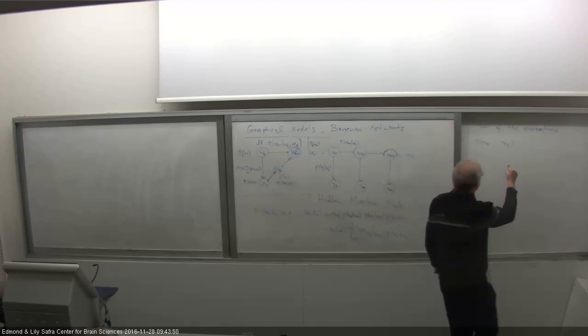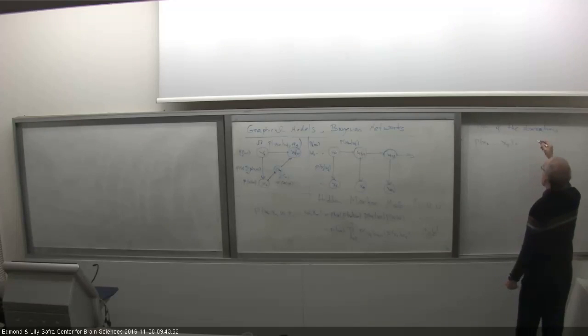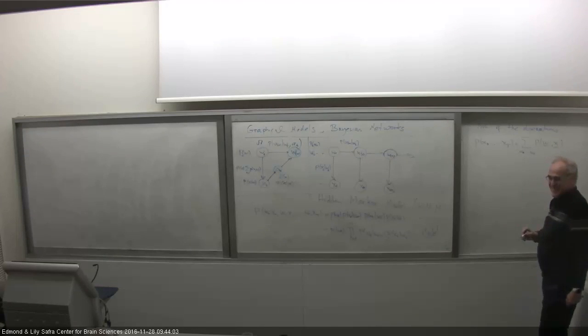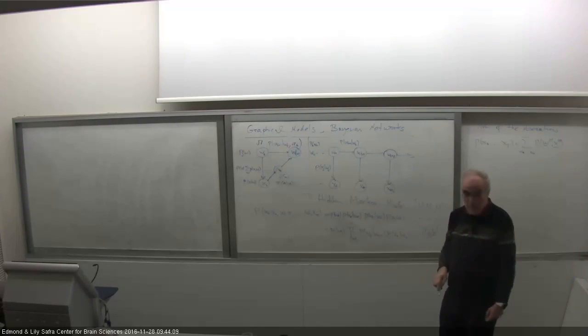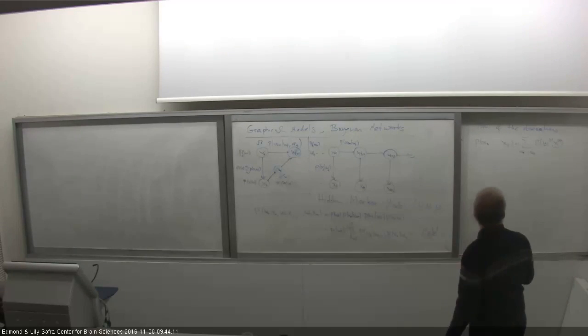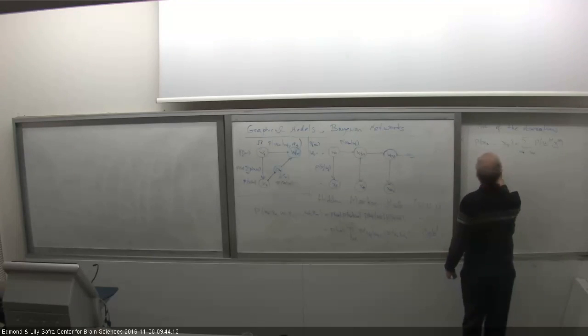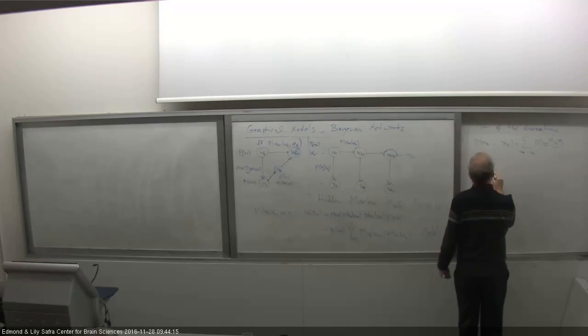So this is going to be the integral or the sum over all the possible states of the joint distribution. Let me just write it like this to save time. So this is the whole sequence, which is what I just wrote down. So this is going to be the sum over all the W's, which I don't know, of this product.